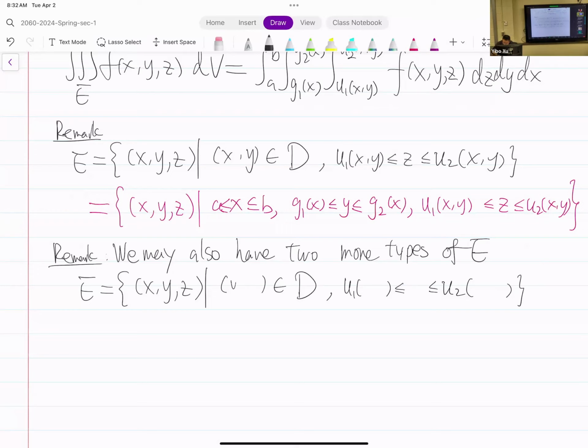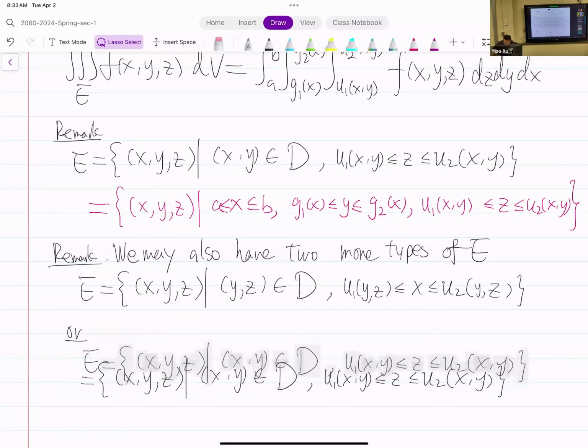Okay. So if you project down to the YZ plane, then this certain region, let's call it D again. But then your X variable is now cut between two surfaces right above the region D. Okay. Or if you project it down to the XZ plane, it's going to be the same idea.